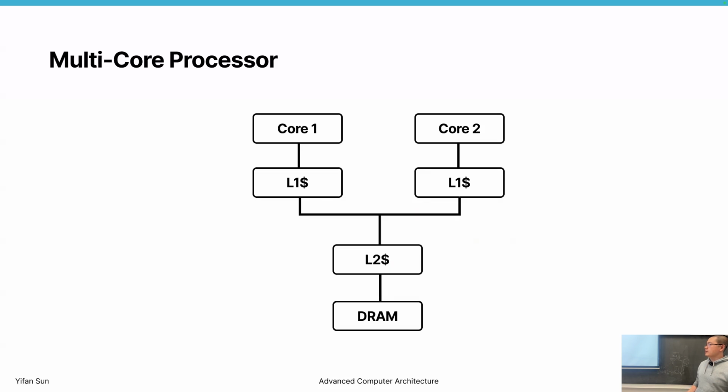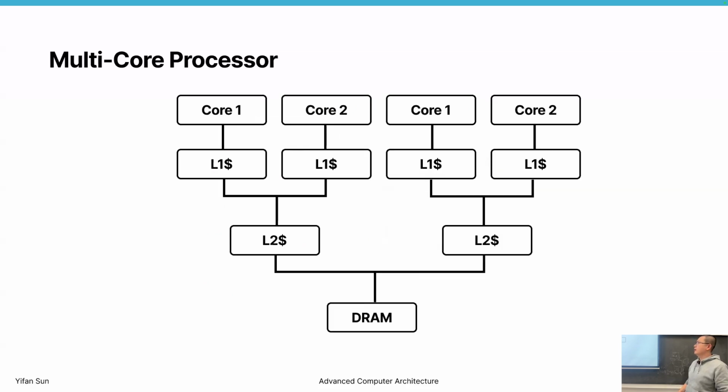A more general case is more like this: the L2 cache is shared by some cores. I'm still not calling it a memory side cache, because you will see how L2 scales as we add more cores. But this L2 cache is shared by a group of L1 caches, and this makes the cache coherency problem even more complex.